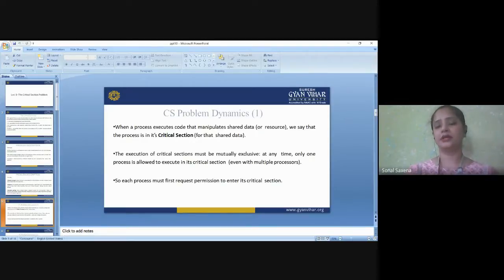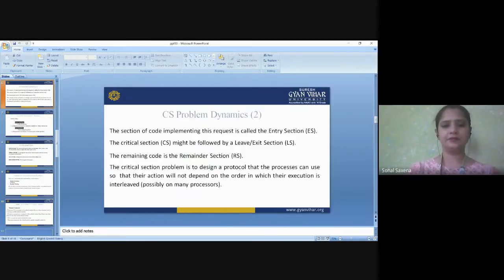The request helps in this way: even if the critical section is already engaged and executing some process, it will acknowledge back that it is busy, and the process will start bounded waiting. But if it is free, it will allow you to enter inside the critical section and run the process. So this is the first dynamic that we have seen.